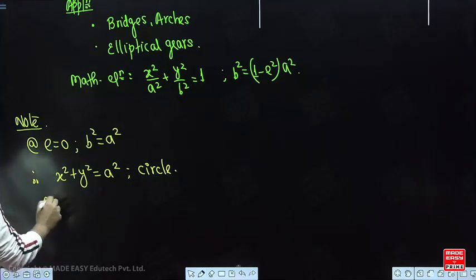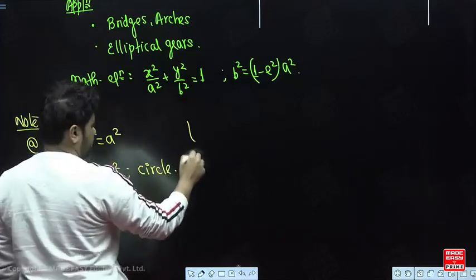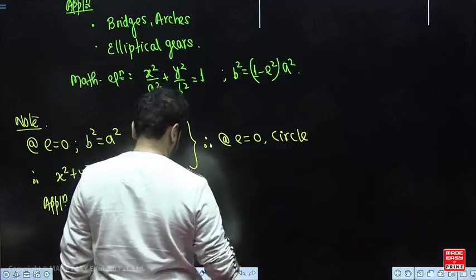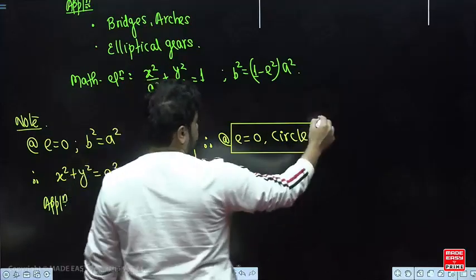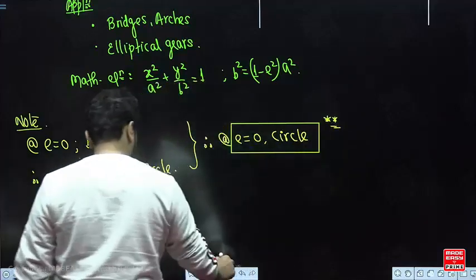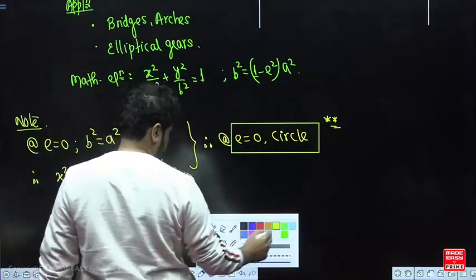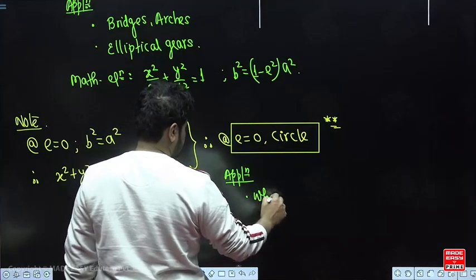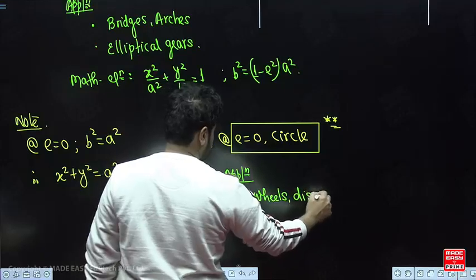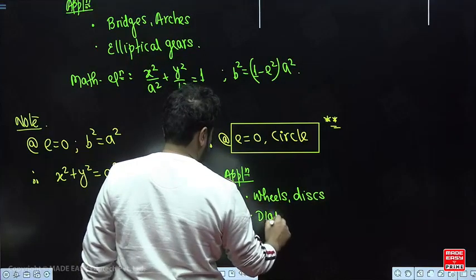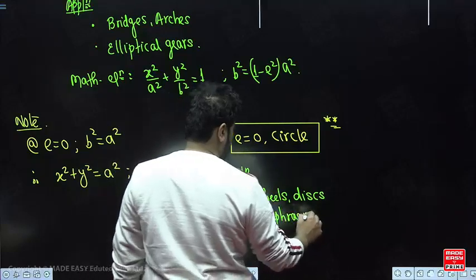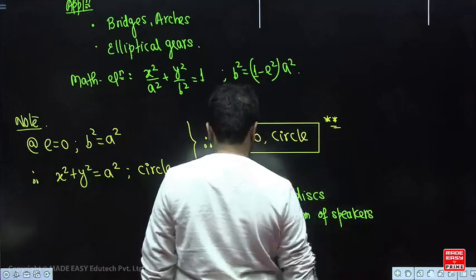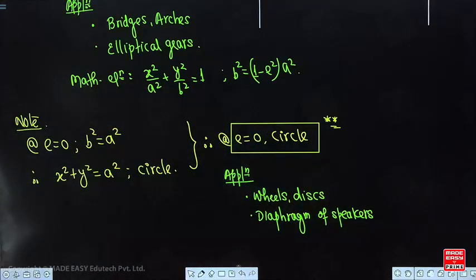So where do you find the application? So therefore at e is equal to 0, I am going to get a circle, right? So application: circle, lot of applications, wheels, discs, diaphragm of speakers. So there are n number of examples. Circle, isn't it?